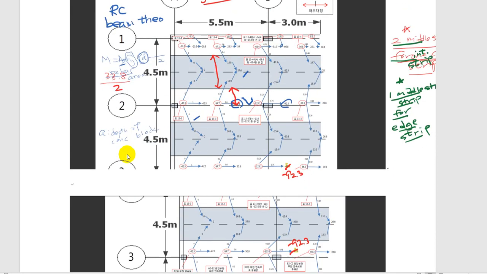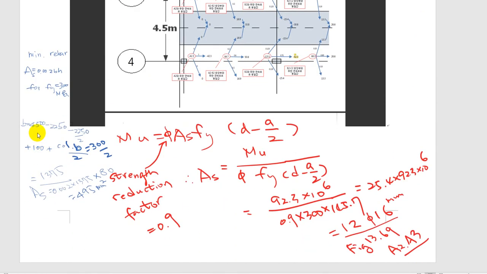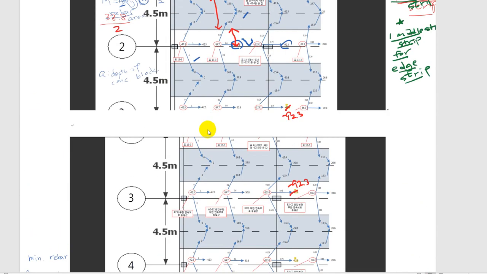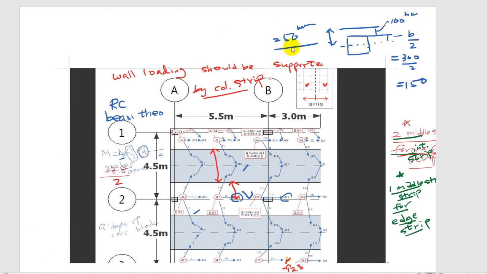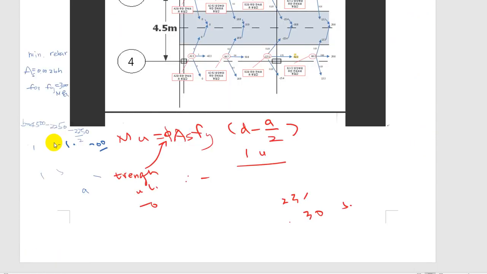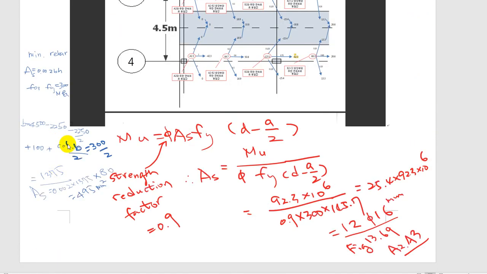This is half of this, so my equation goes like 4,500 minus 2250 minus half of 2250. Half of 2250 is this, and we now have to add this, which is 250, because we have another edge strip extended from the edge of the original slabs for walls and half b of the columns. So this should be added.